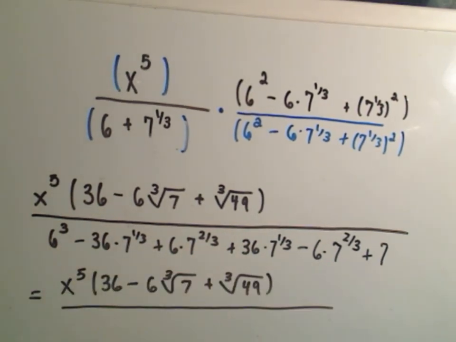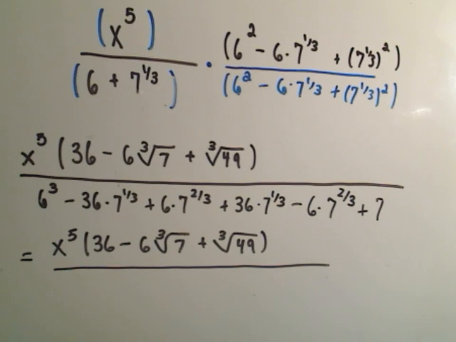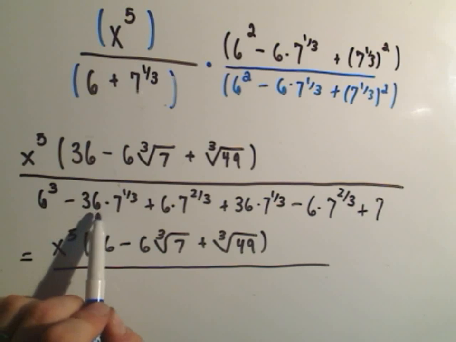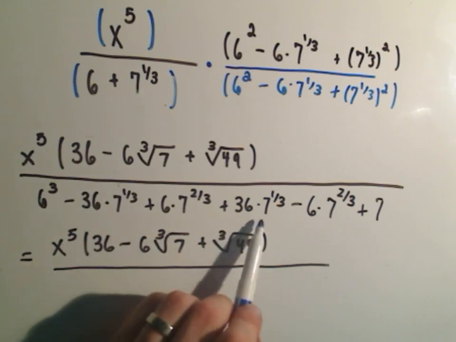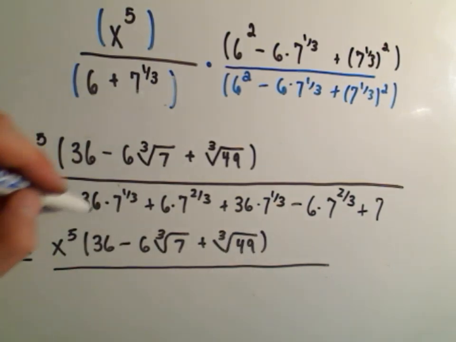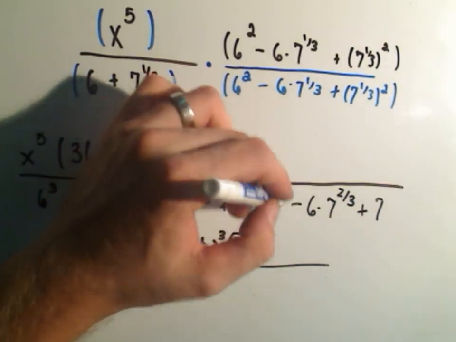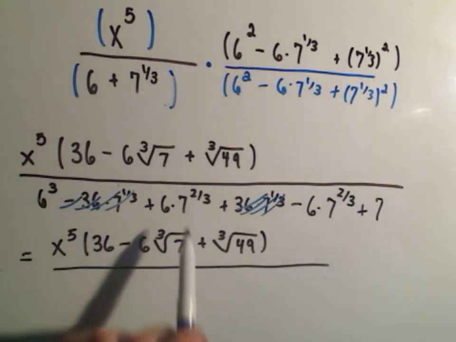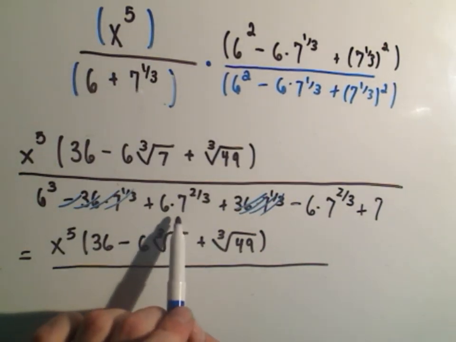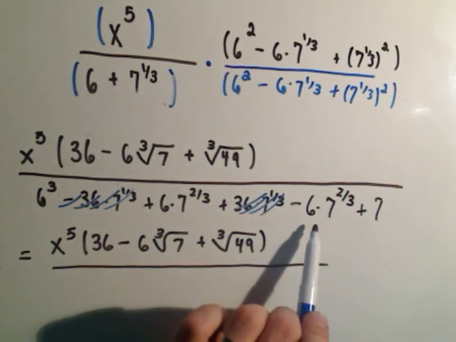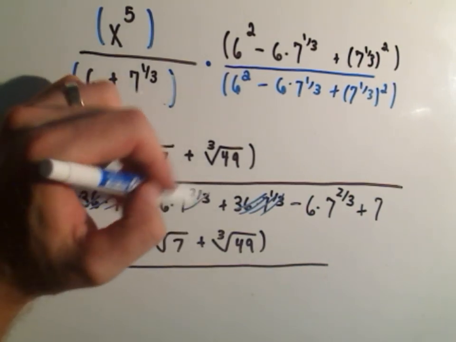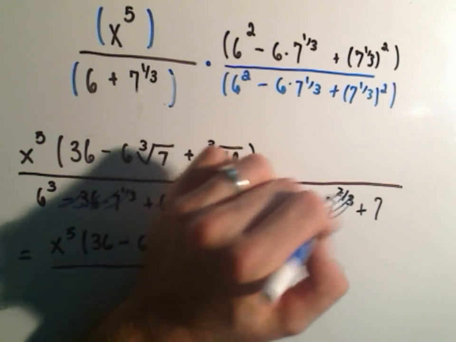Let's cancel things out in the denominator, and this is where things should hopefully all cancel out. You have negative 36 times 7 to the 1/3, and I've got a positive 36 times 7 to the 1/3, so those cancel out, which is good. I've also got a positive 6 times 7 to the 2/3 and a negative 6 times 7 to the 2/3. Those cancel out.